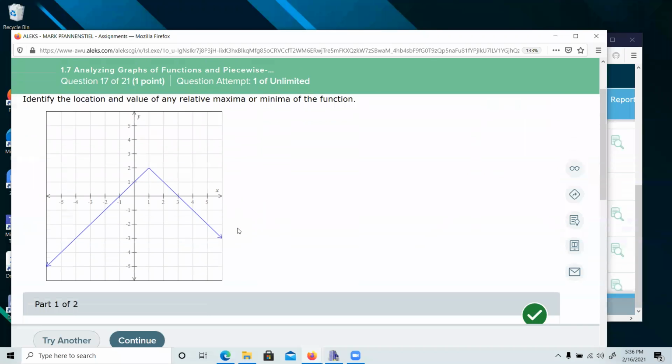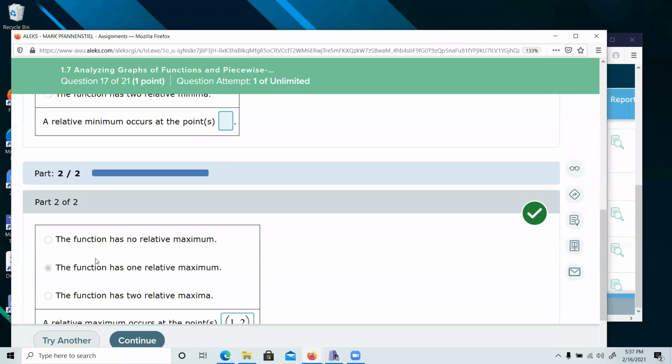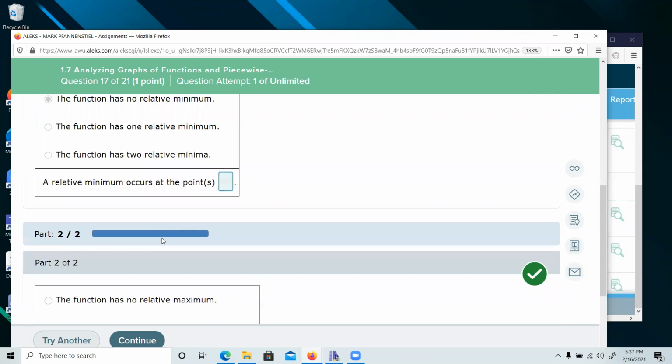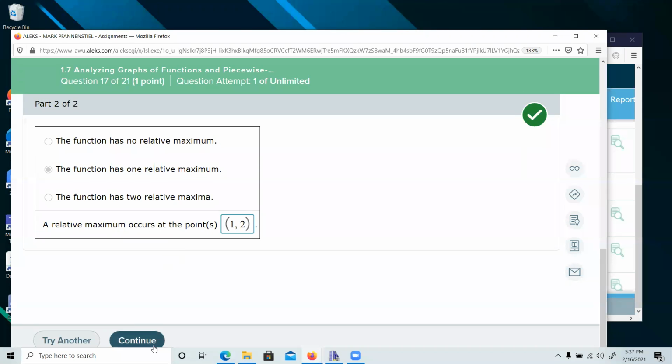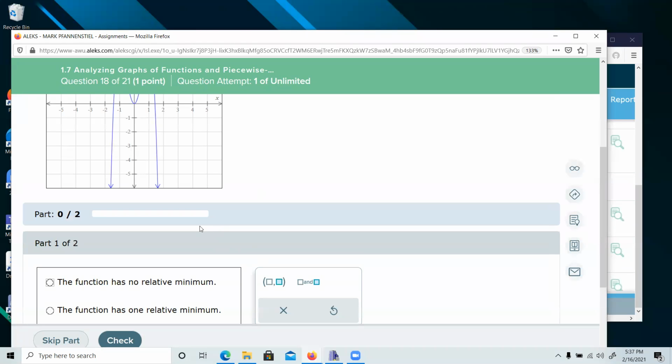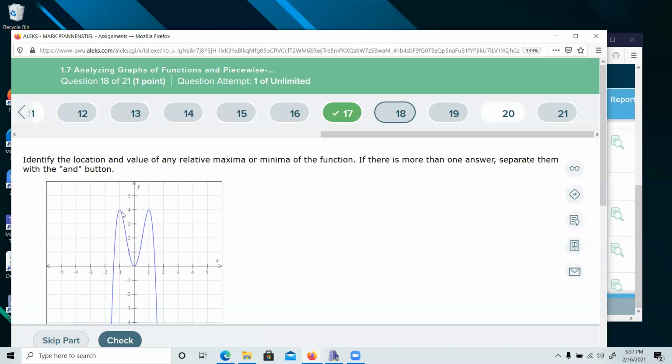So for this function, no relative minimum, no absolute minimum, because we just keep going down and down and down. And we have both a relative and an absolute maximum sitting right here. You have another year or so before this becomes really important, because we ask this a lot in calculus.